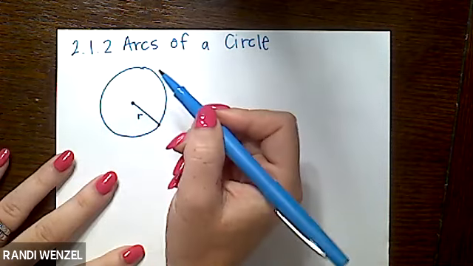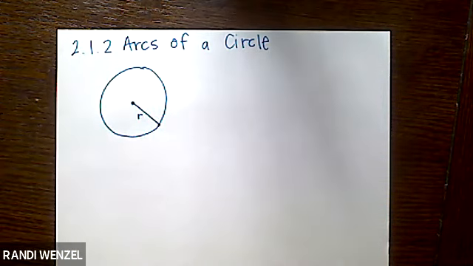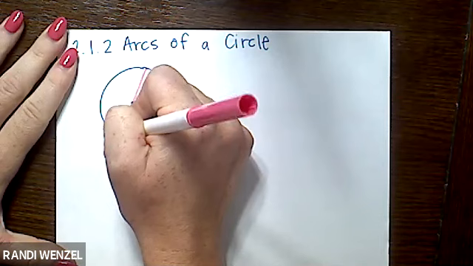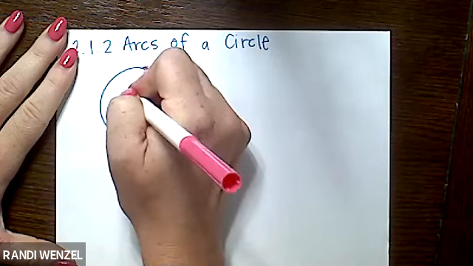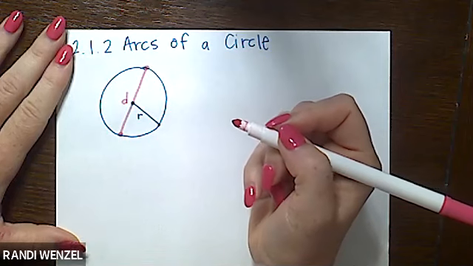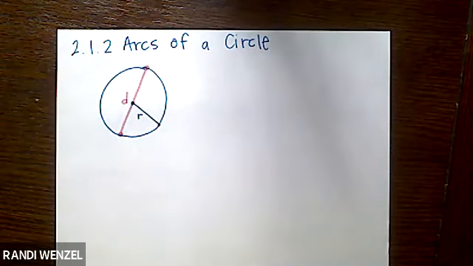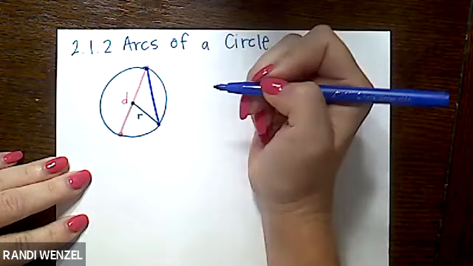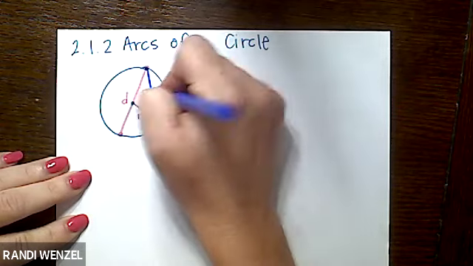We have talked about a circle having a diameter. So remember, diameter is like two radii together, goes all the way across. That's our diameter. We have also talked about a circle having a chord. And if you remember, a chord has two endpoints on the circle, like that. That was our chord.